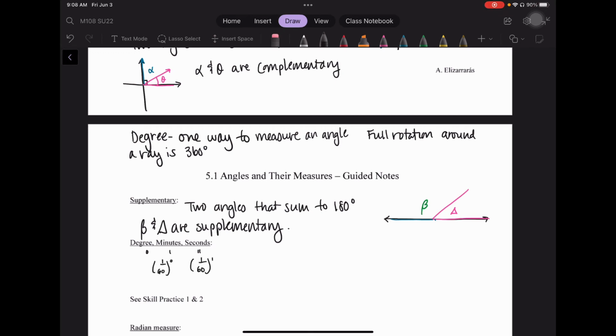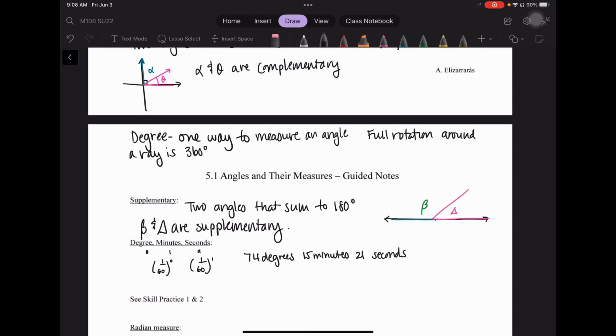You'll see notation to tell you degrees, minutes, seconds. For example, you would see something like 74 degrees, 15 minutes, 21 seconds.